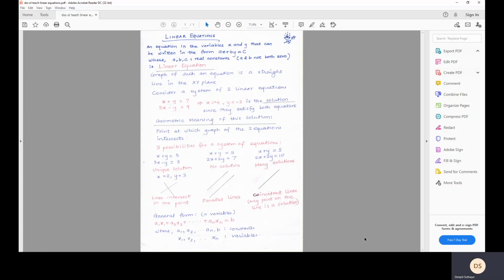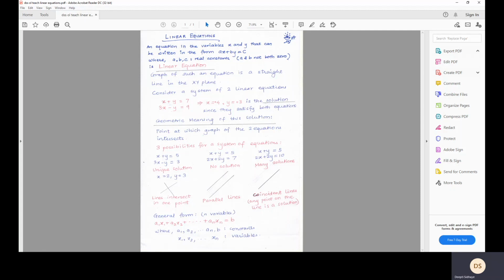Now, this was about two variables. In general, if you want to write the equation of line, it can be written in this fashion. a1x1 plus a2x2 plus dot dot dot plus an(xn) is equal to b, where all the ai's, that is a1, a2, an, and b are constants.